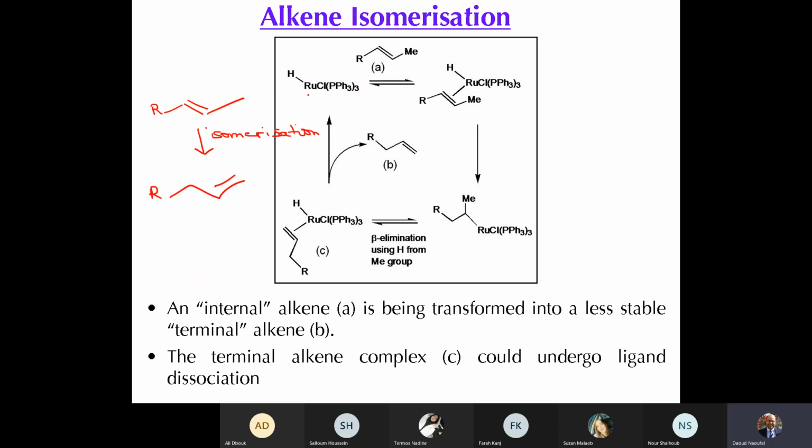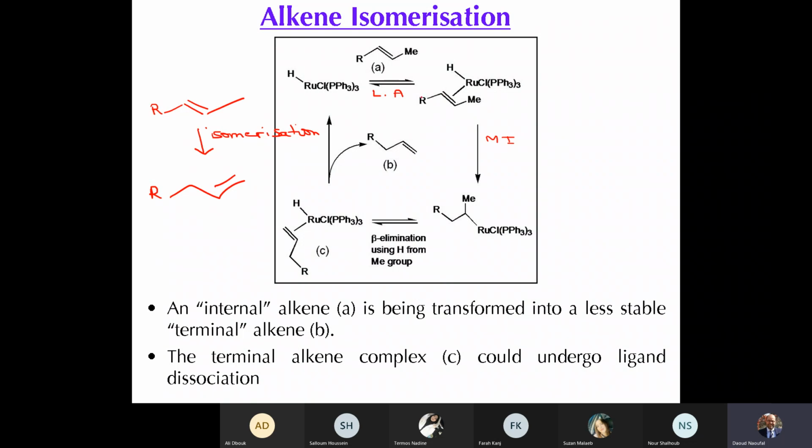Suppose the complex is ruthenium and we have alkene, so the first step is ligand addition. Then we have migratory insertion. The hydrogen attacks following the anti-Markovnikov rule, so the hydride will attack the more substituted carbon.